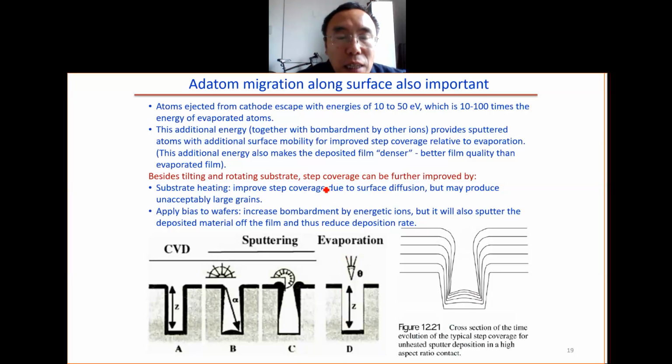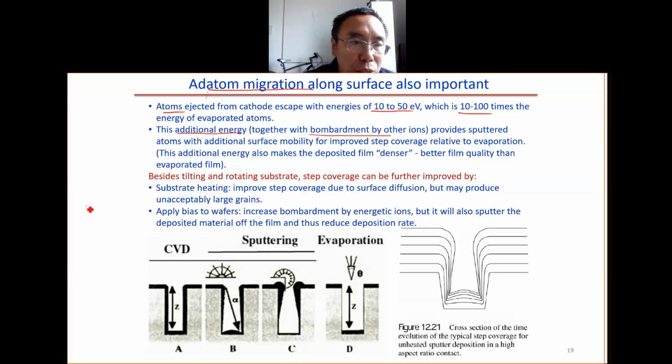Another factor that affects the profile is the adatom migration. Normally the energy of atoms for sputter deposition is about 10 to 50 electron volts. This is 10 to 100 times that of evaporated atoms. We also have energy provided by the ion bombardment.